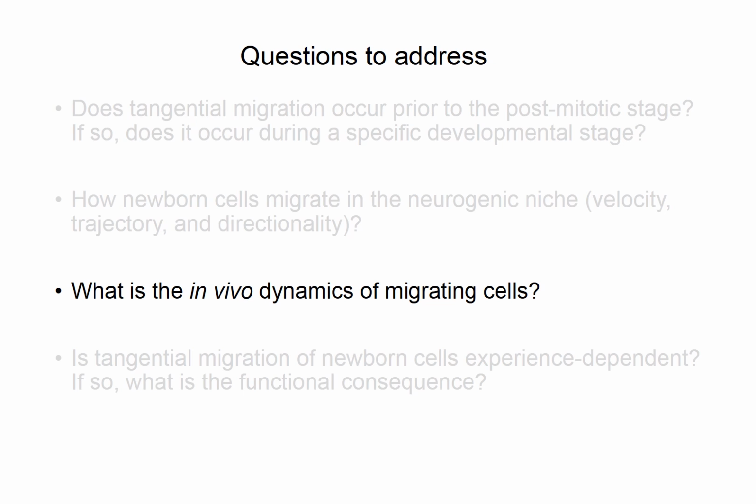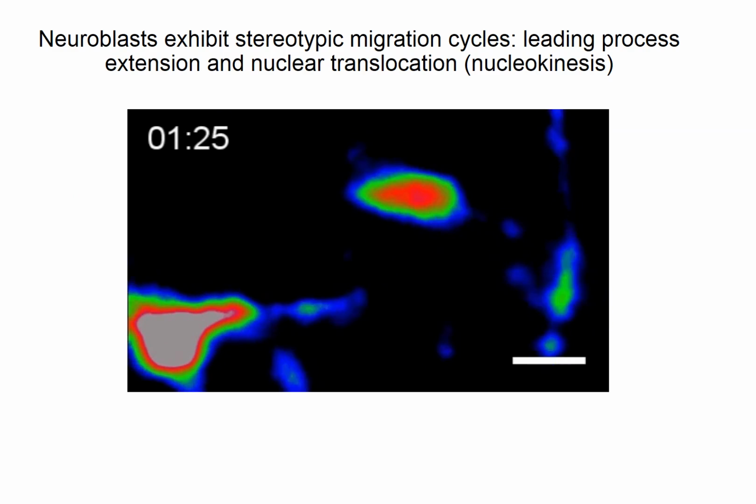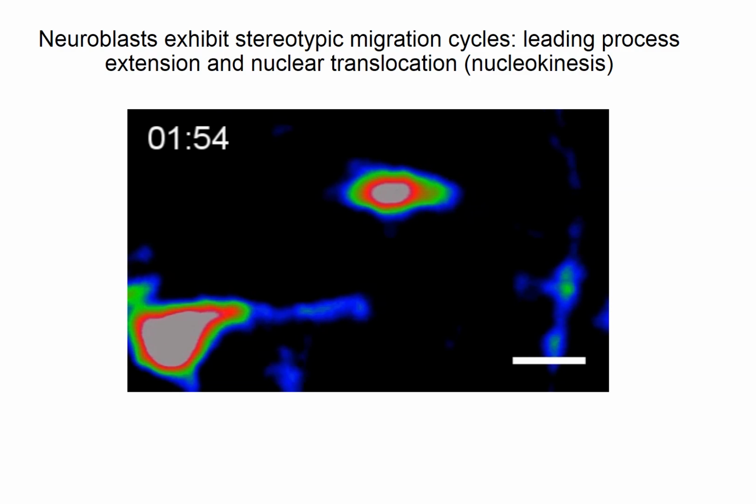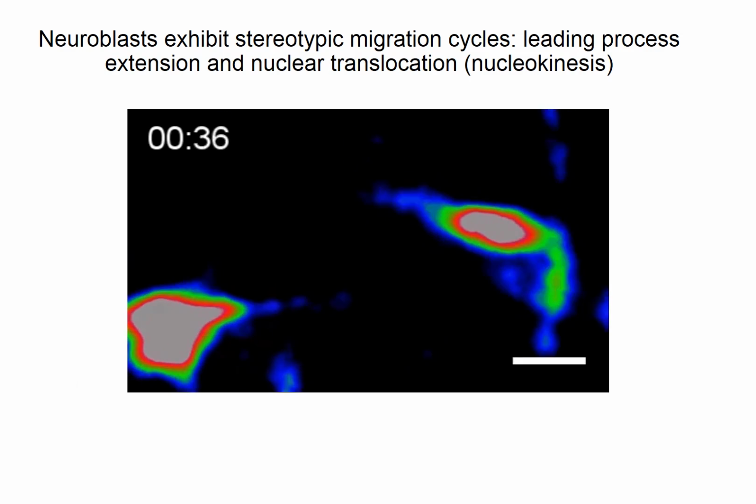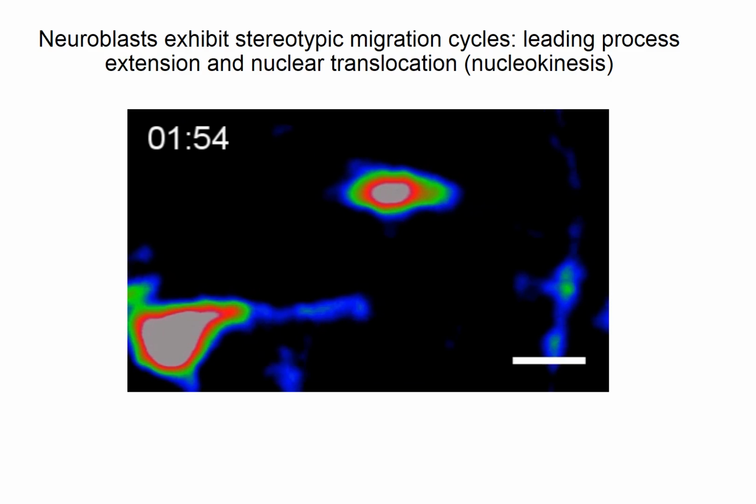One migration cycle involves the leading process extension and the nuclear translocation. We also call this process nucleokinesis. So you see these cells quickly move from this side to this side. Let's play again. This cell, in comparison, is staying in this place, it's not moving.